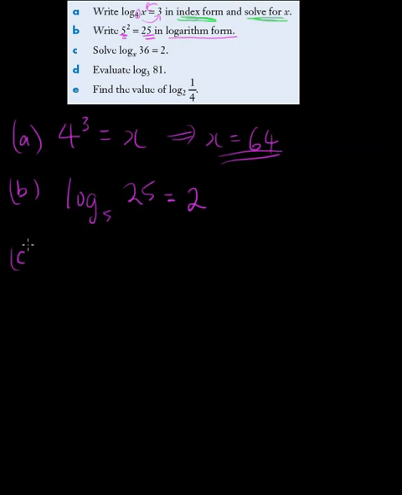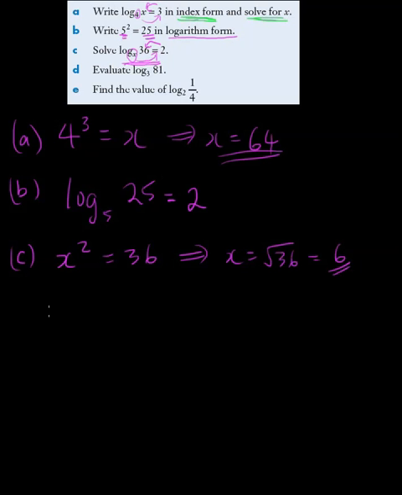Let's do c. In c, solve log base x of 36 is equal to 2. Once again, we have to change it around. So you must change logarithms back to exponentials and exponentials back to logarithms to solve problems. Here we're going to change it. So the base is x, to the power of 2 is equal to 36. So x to the power of 2 is equal to 36. What that means is that x must be equal to the square root of 36, which is equal to 6.